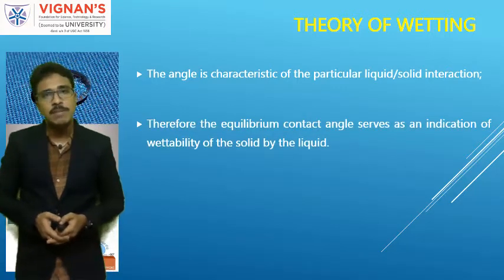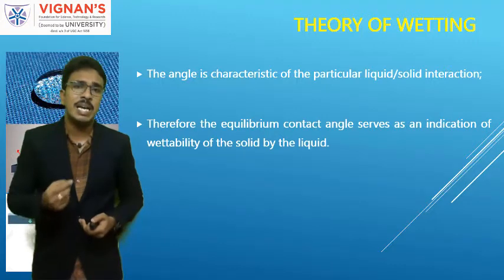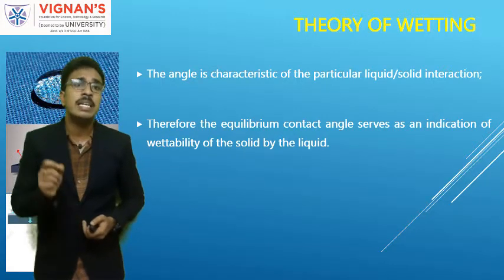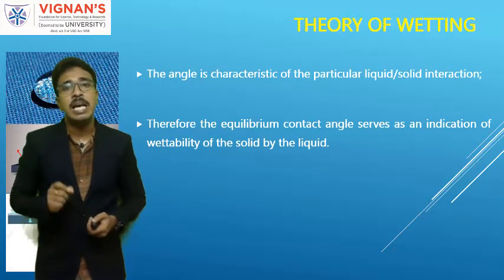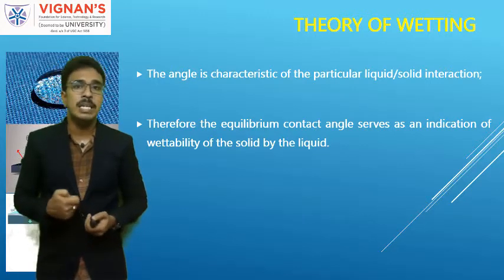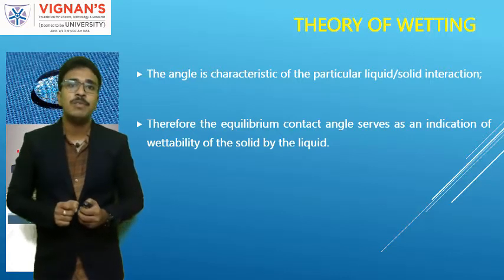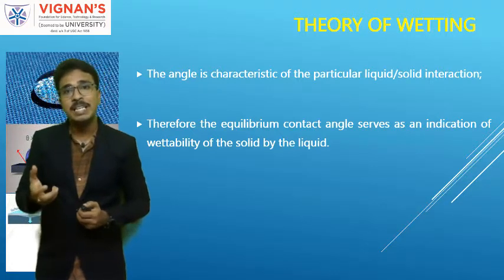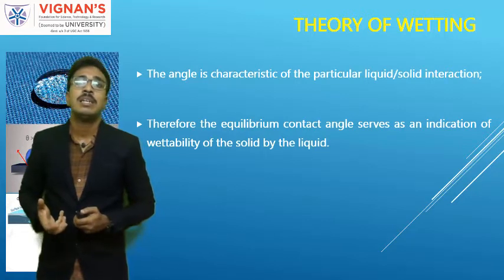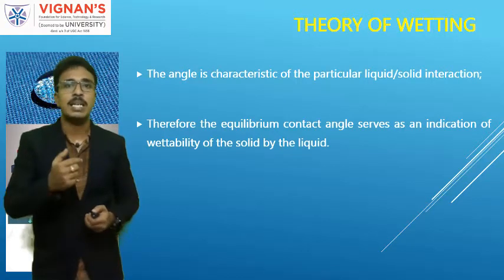Therefore, the equilibrium contact angle serves as an indication of the wettability of the solid by the liquid. So finally, the wettability of the solid by the liquid we can easily determine based on the contact angle.